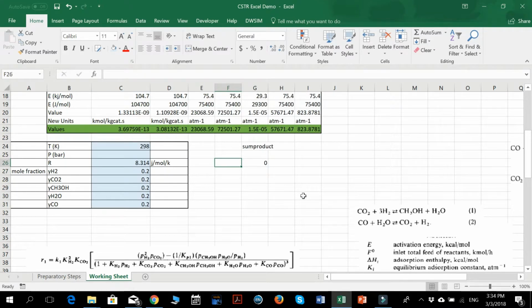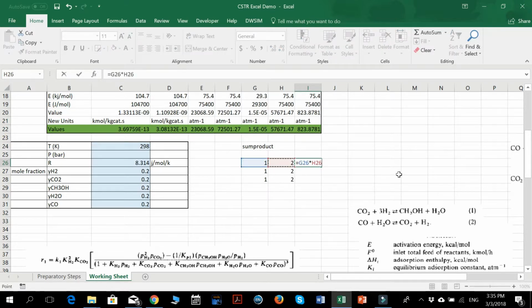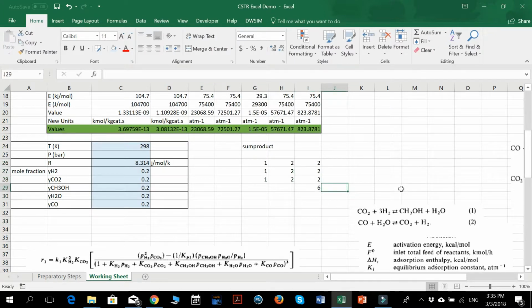So what SUMPRODUCT does, let's say I have two arrays of 1s and 2s. Instead of multiplying this and this, and then typing it, you have to copy and paste it individually. It doesn't make sense at all, and then you still want to sum it up. That's not very convenient.